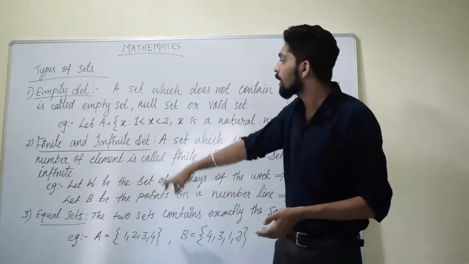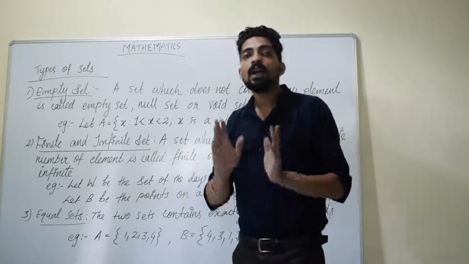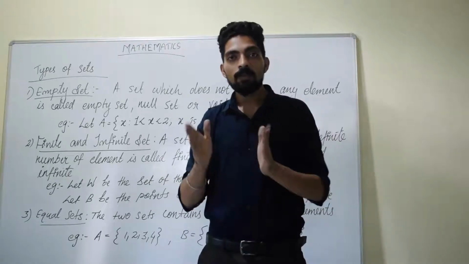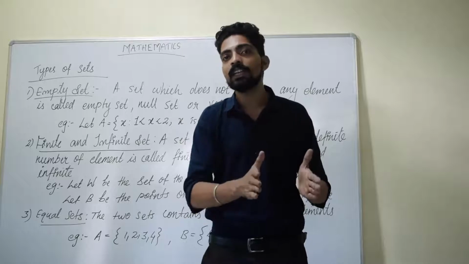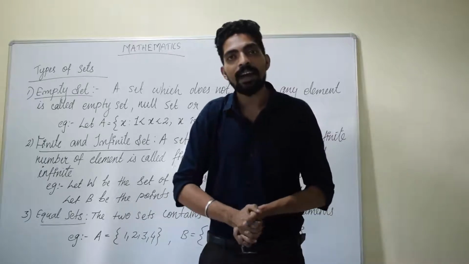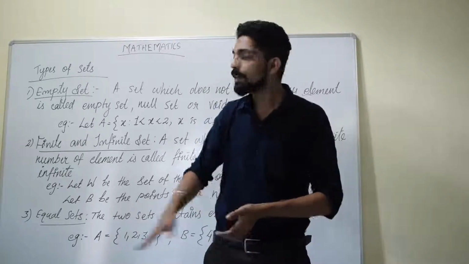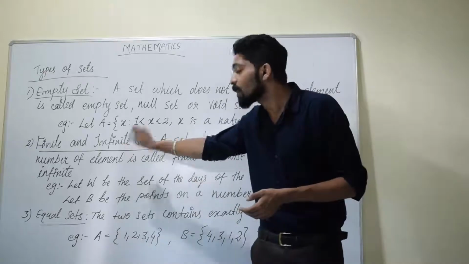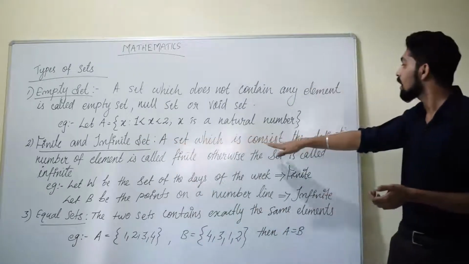The second type is the finite and infinite set. Finite means something that can be finished, and infinite means something that cannot be finished.